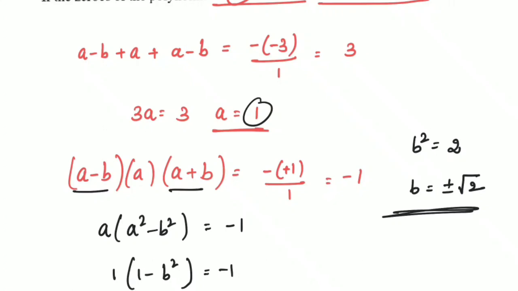Now look at the next one. If two zeros of the polynomial of fourth degree are given, 2 plus or minus root 3, then find the other two zeros. Because 4 zeros will be there, you have to find out the other two zeros. First of all, the two zeros given are 2 plus root 3 and 2 minus root 3.